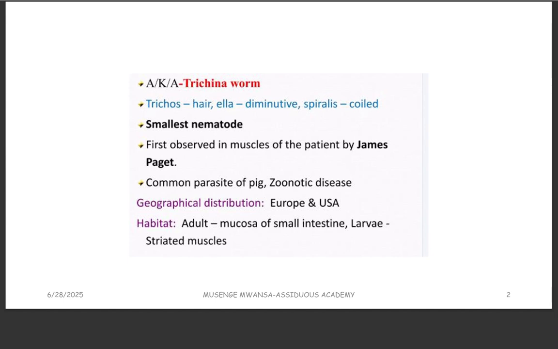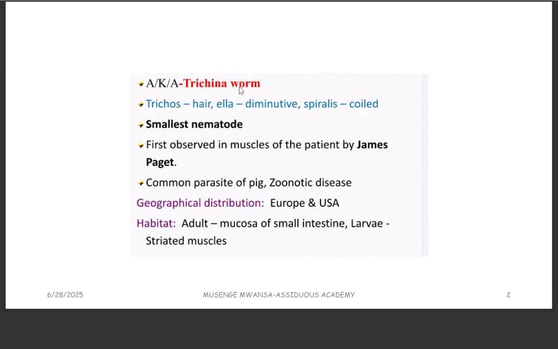The roundworms will further be split. So this Trichinella is actually the smallest nematode. It's a roundworm.